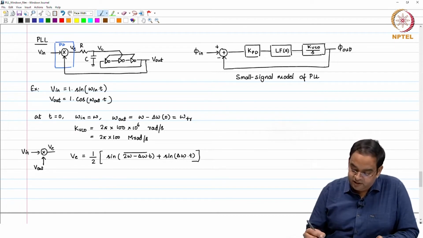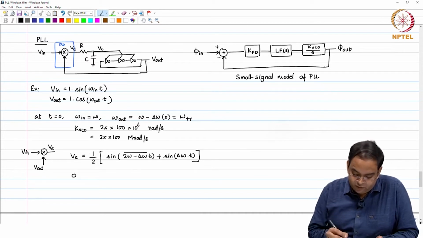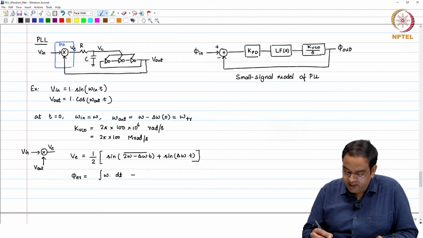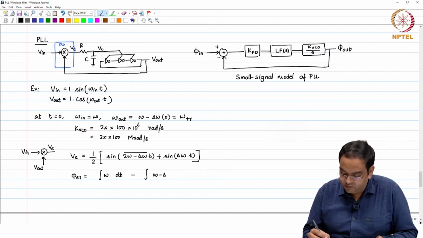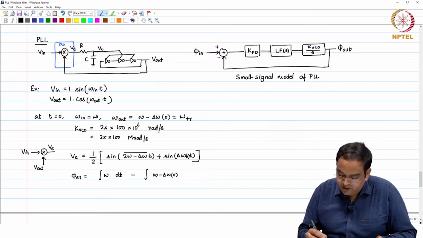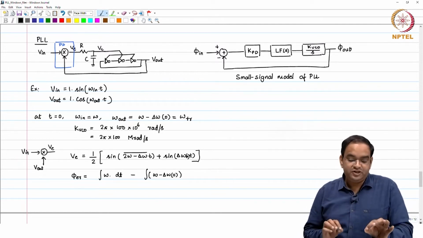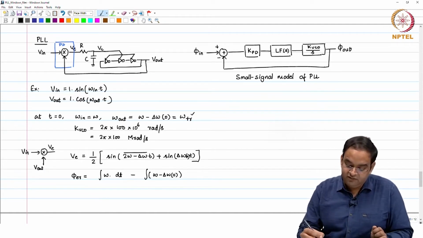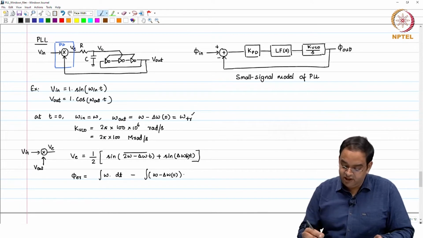The phase error which we want to calculate between the input and the output is equal to the input phase, which is omega times t, minus the output phase, which is omega minus delta omega 0 times t. We are treating this in open loop, which means that V in and V out are fixed signals, given with the frequencies as given here.